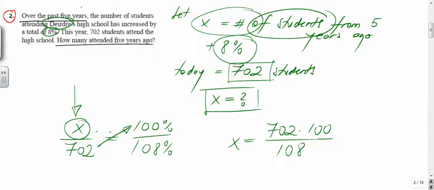You may also think about if your 108 goes in 702 any number of times, right? What do you think? If we'll go how many times? 108. Is that going evenly? It could go about 6 times, right? But it's not going to be even.